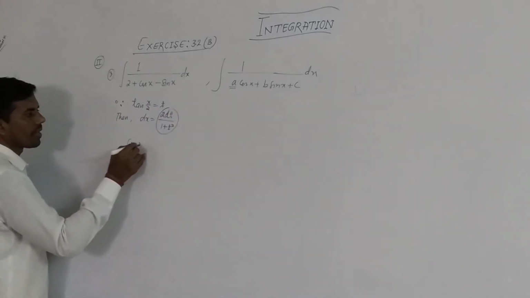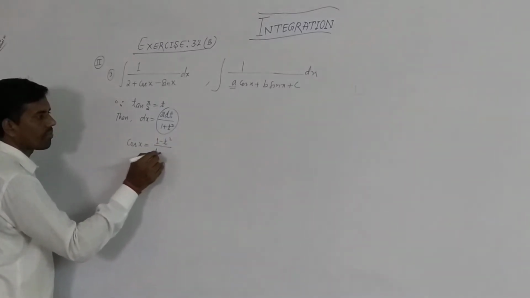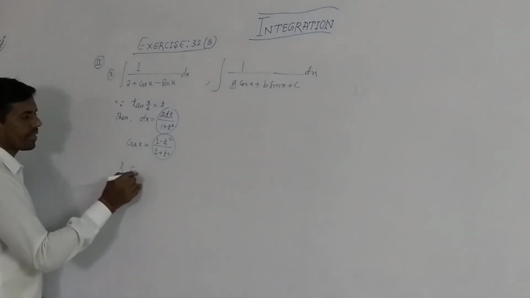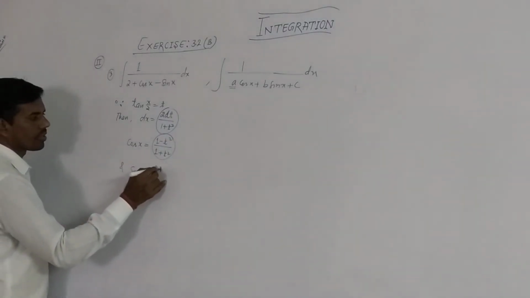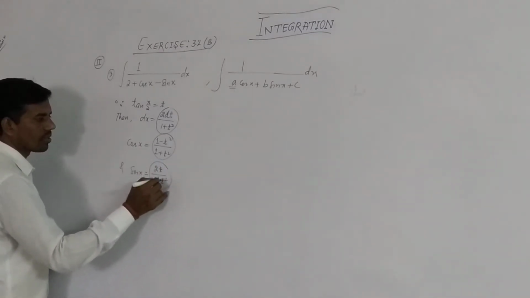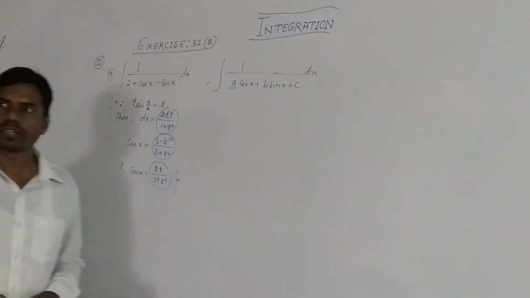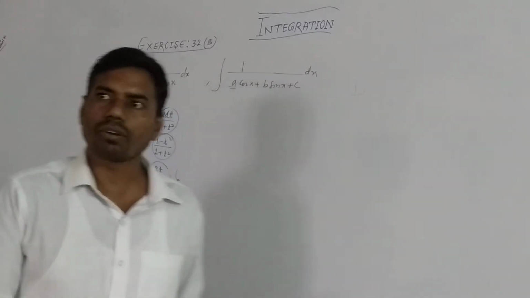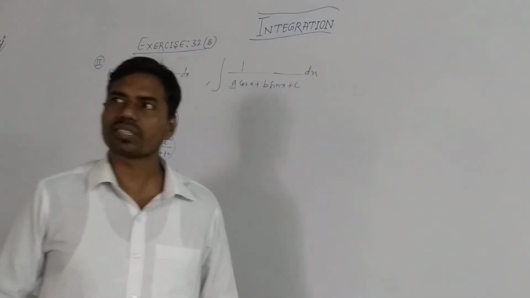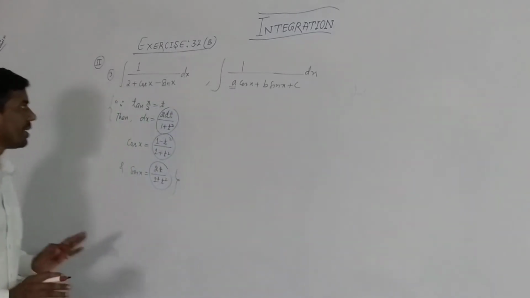And we have cos x is equal to 1 minus t square upon 1 plus t square, and sin x is equal to 2t upon 1 plus t square. So these three are our substitutions used to find the integral of the format of 1 upon a cos x plus b sin x plus c dx. Okay, clear?